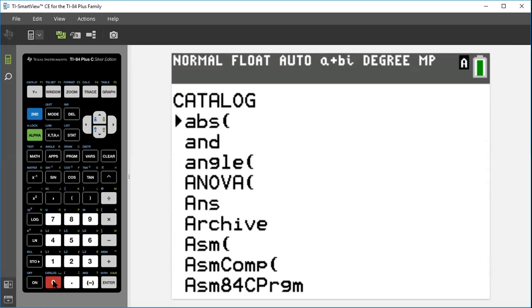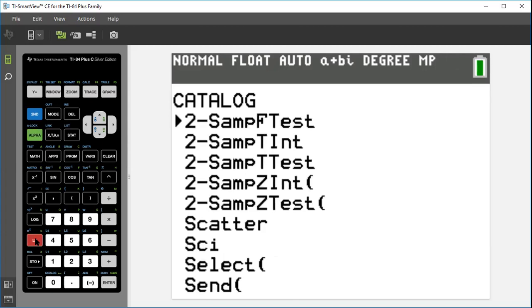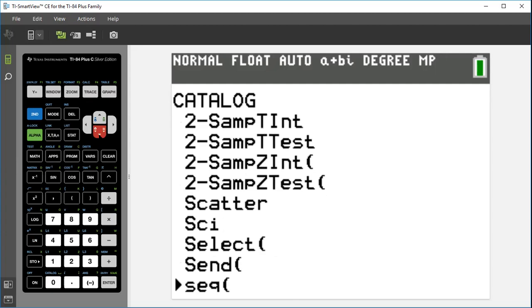And instead of scrolling all the way down to the S's, you can shortcut this by hitting alpha, alpha, and then S, which is your natural log key. And it's gonna hop down to the S's for you. And unfortunately, now you have to scroll. So you are going to find the summation symbol.